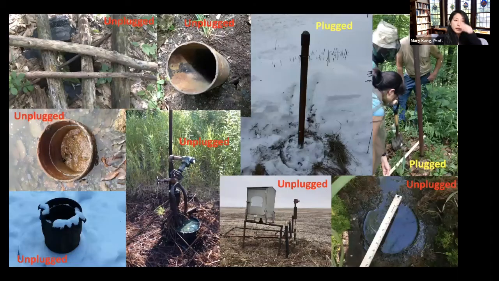So what do they look like? Here are some pictures. A lot of these are in Pennsylvania, where I started my work. They all look a little bit different depending on where you are in the world. But what I want to show is that in some areas these wells are not plugged.